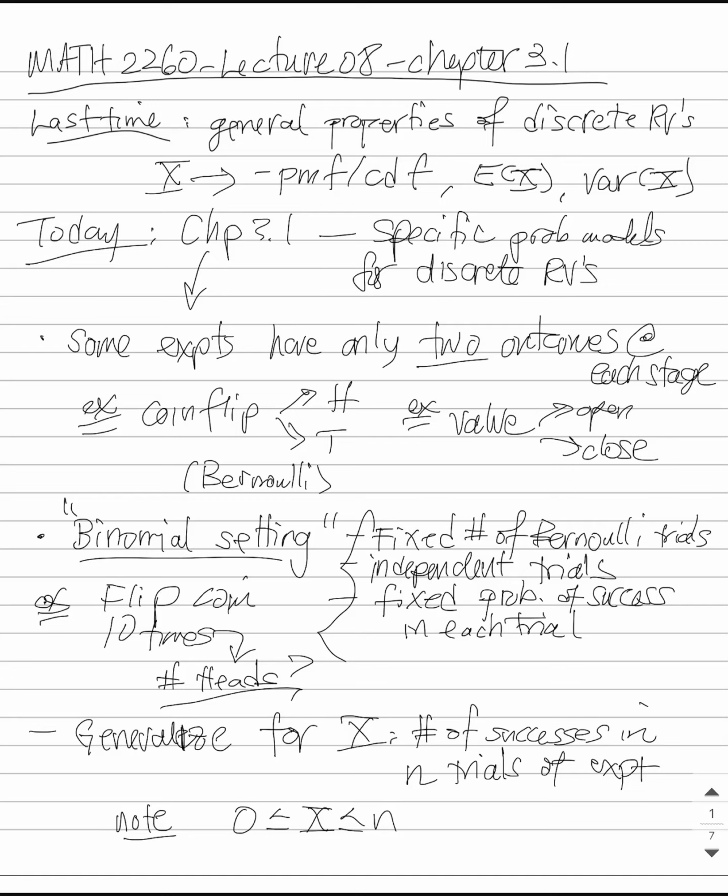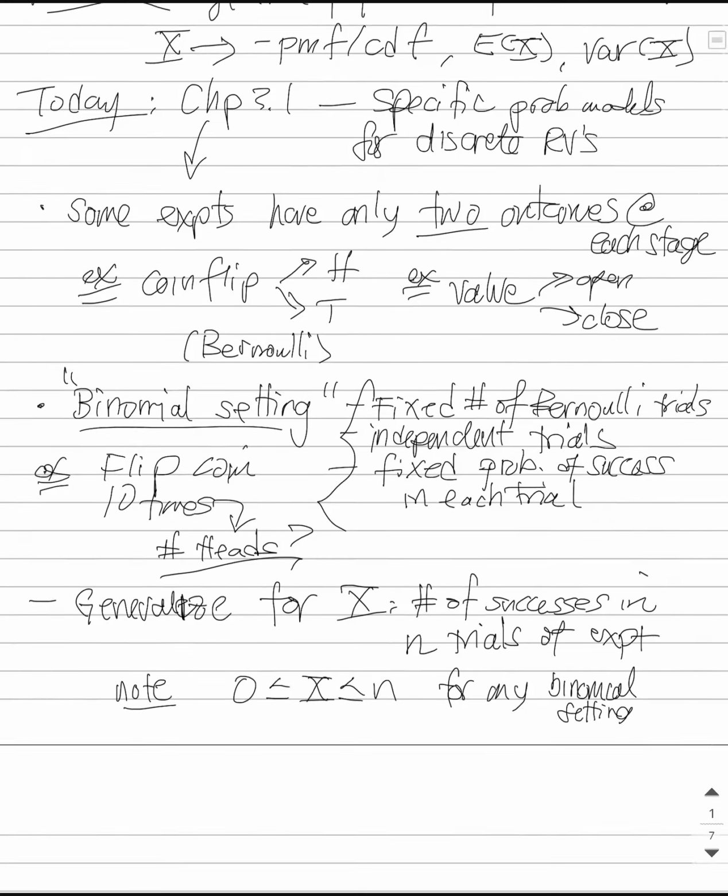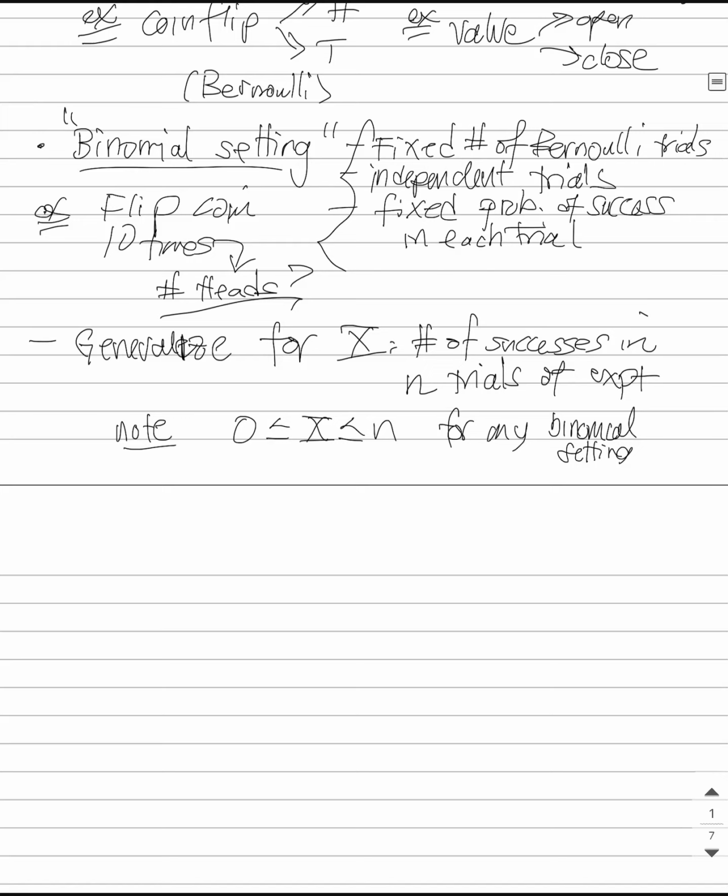So this is for any binomial setting. What we would like to do is to find the probability mass function for this random variable X. To try to show this to you, I am going to go through an example.